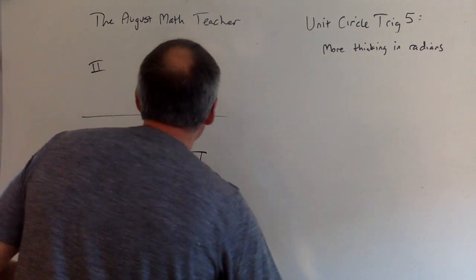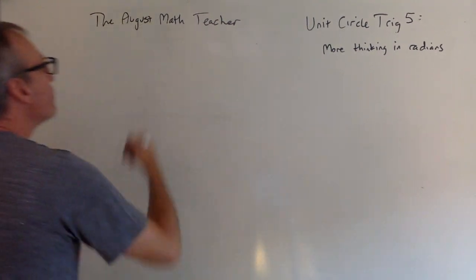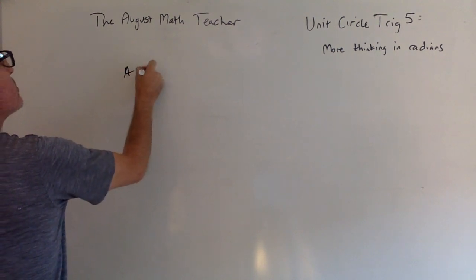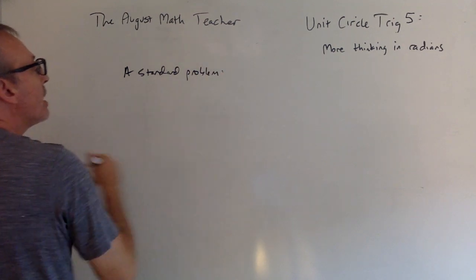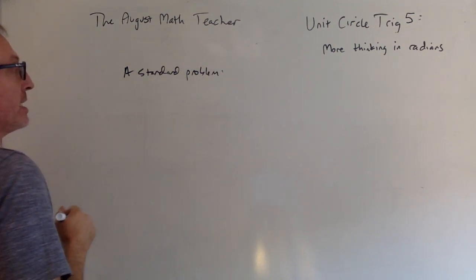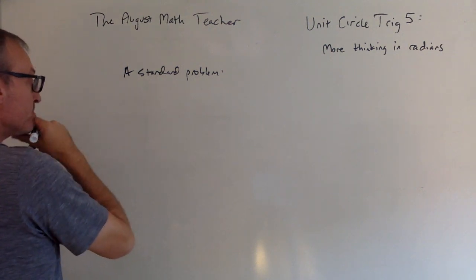I do want to think about this question. This is a standard problem that I want you to be able to do better than a lot of students do. Use a different method, a better method.